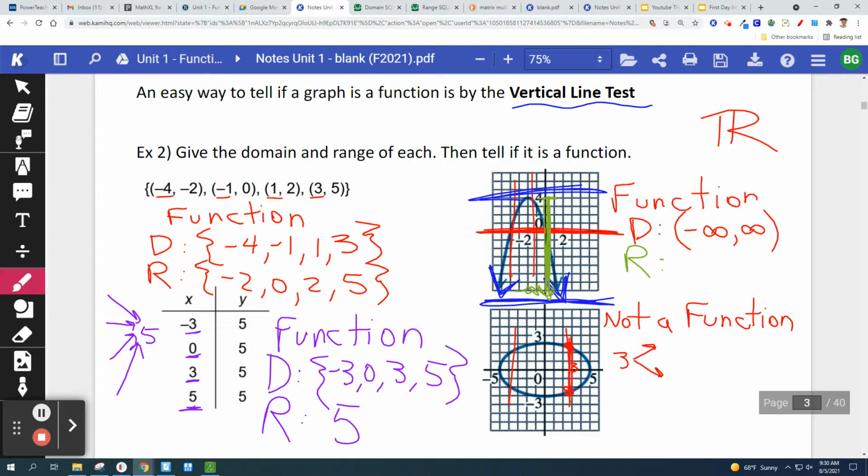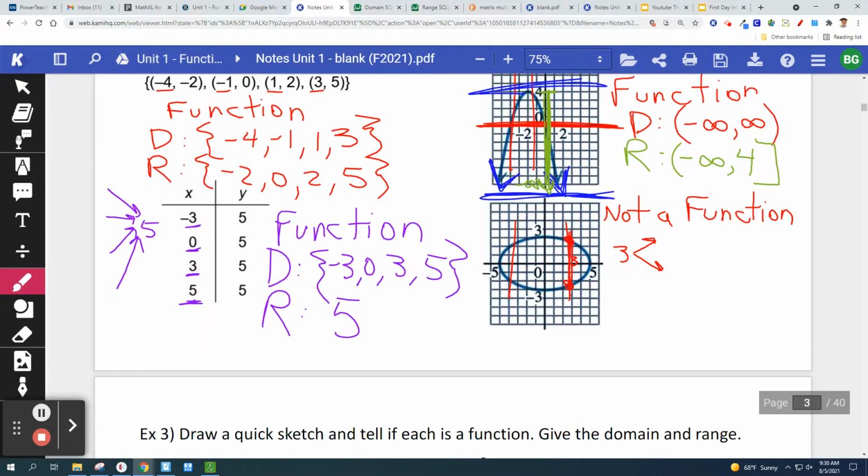It goes from a low number of -infinity to a high number of +4, and then we use a bracket to show that it could equal that 4. Bracket indicates we could equal the number. Parentheses indicates we will not equal that number.